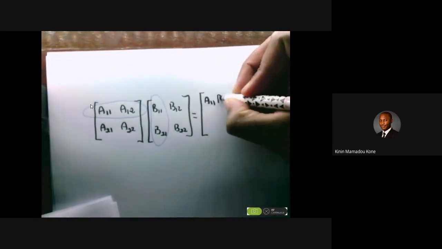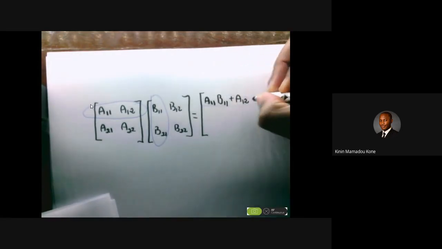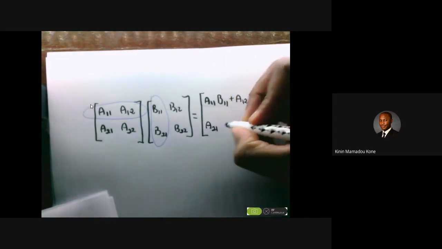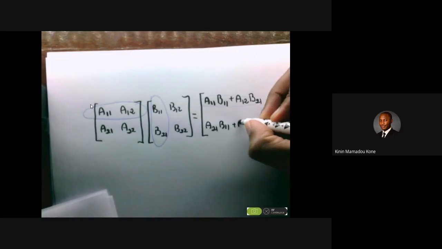A11 B11 plus A12 B21, and A21 B11 plus this times this, as if it was a regular normal type of thing.